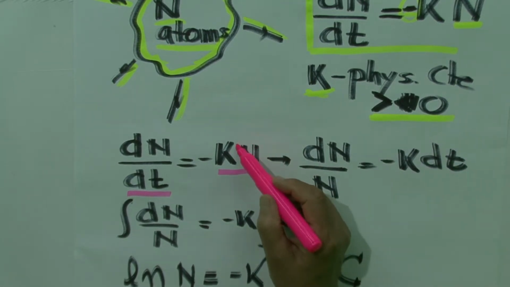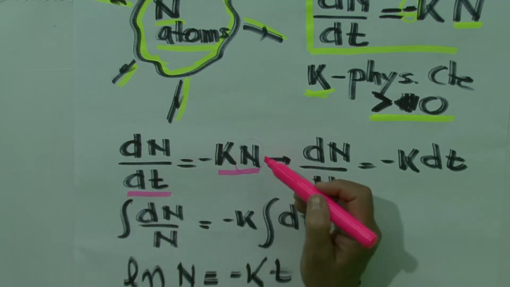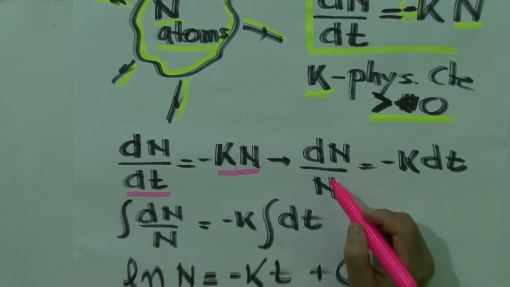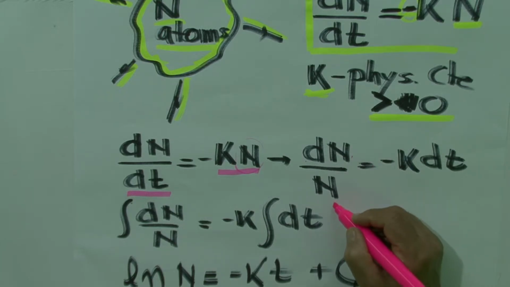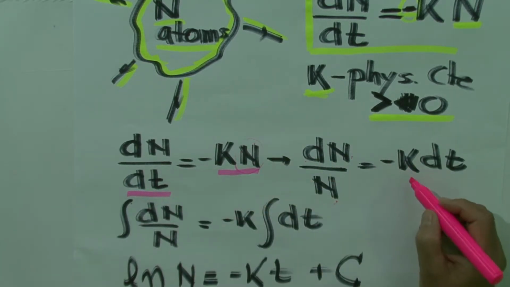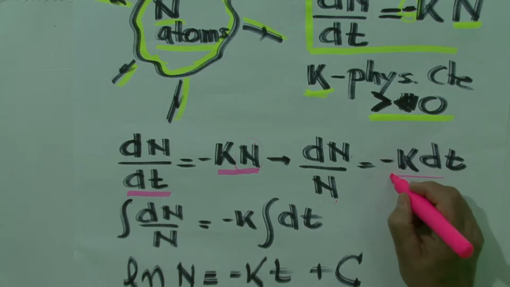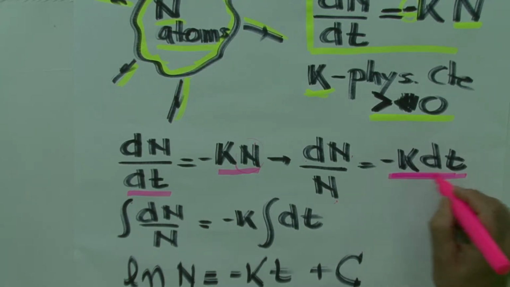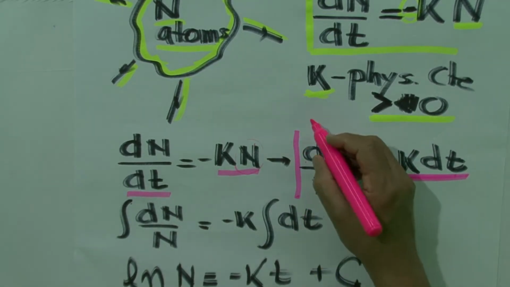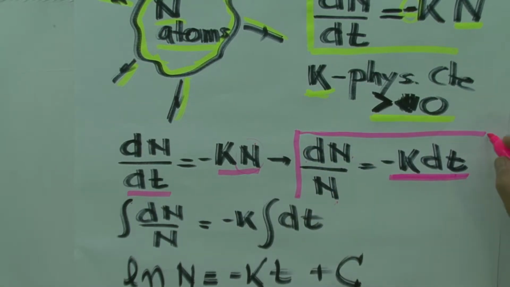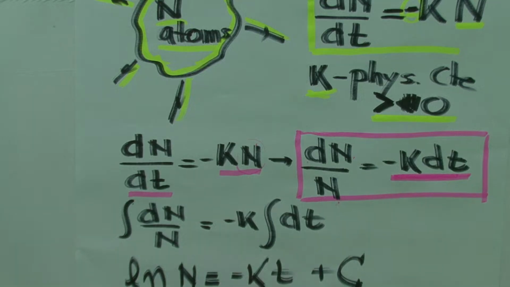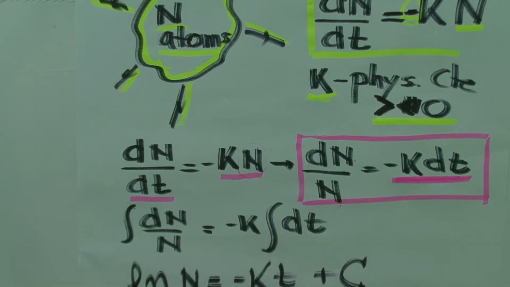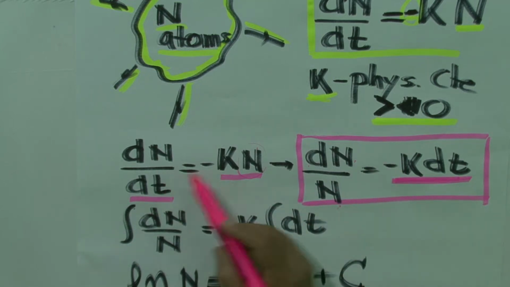Now, if I divide by N and I multiply and put the dt here, the variation of the number of atoms normalized by the number of atoms has to be proportional to the variation of time. So this is another equation, but it's an equation based on infinitesimal variations in the number and in time. And it makes sense, right? Because it is basically obtained from here.